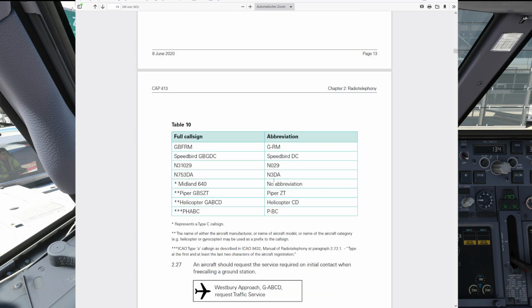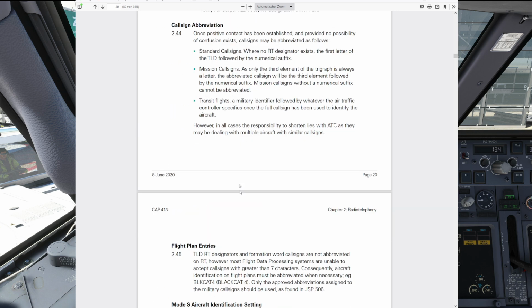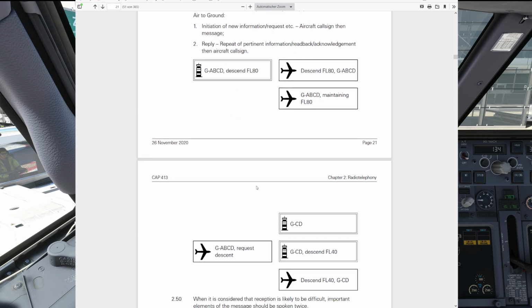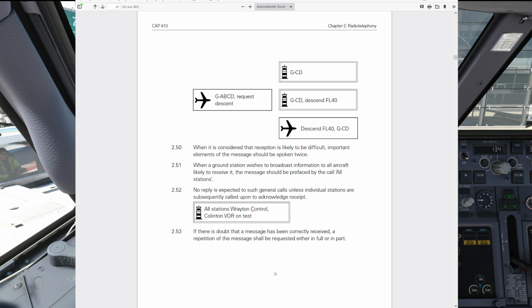However, you do have to be aware that in the UK, some procedures are special, so they deviate from the ICAO standard quite a little bit. However, if you do like the way they are presenting their information in here, in the end you can also use the UK procedures in the rest of the world, and they are going to understand you, even though it's probably not what they want to hear in every particular country.